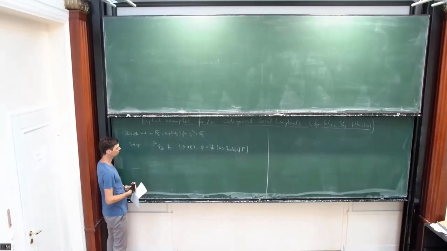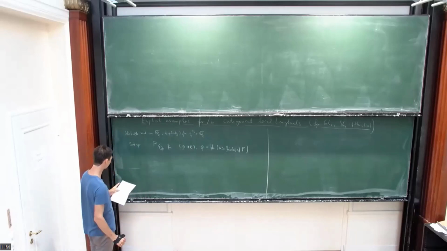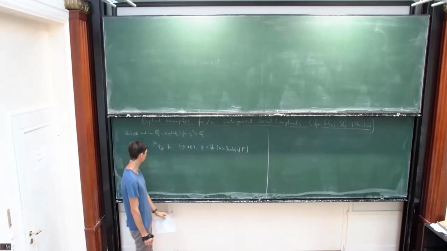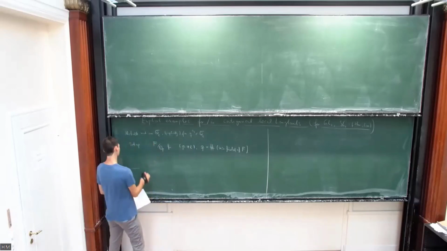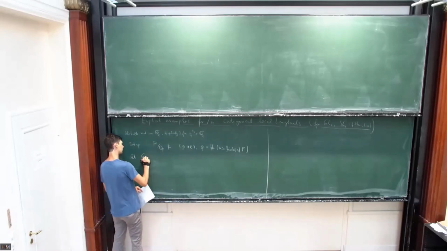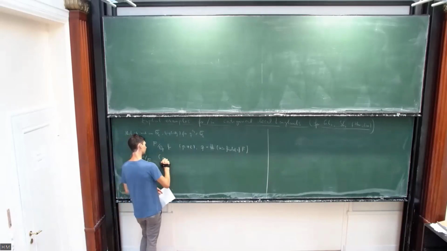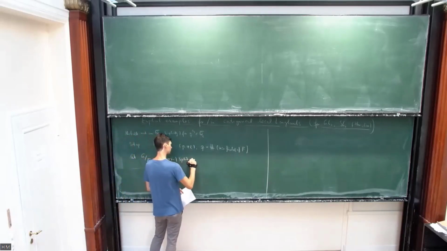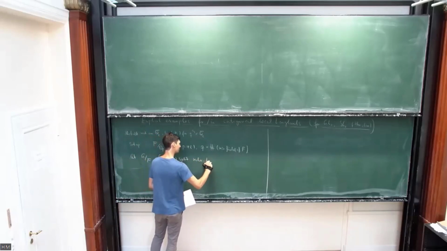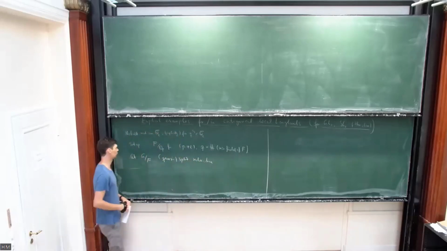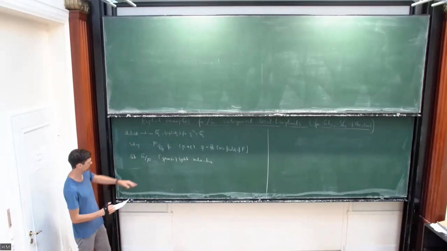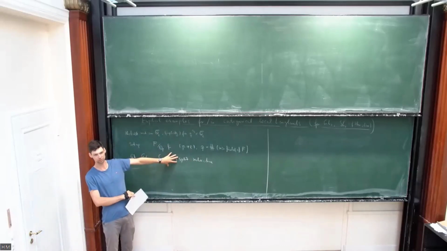So Fargues and Scholze formulated a conjecture for quasi-split reductive groups over F. G over F is a quasi-split reductive group, which in a second will be split, and in 2 seconds will be GL2.